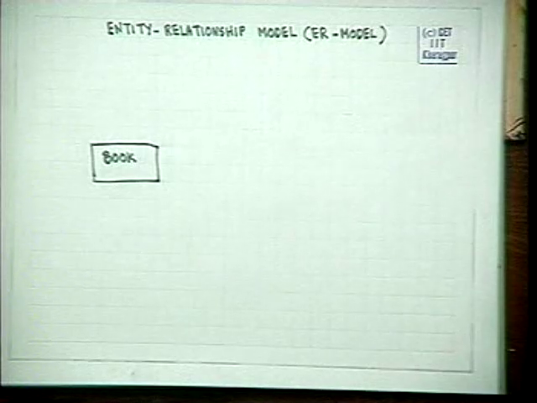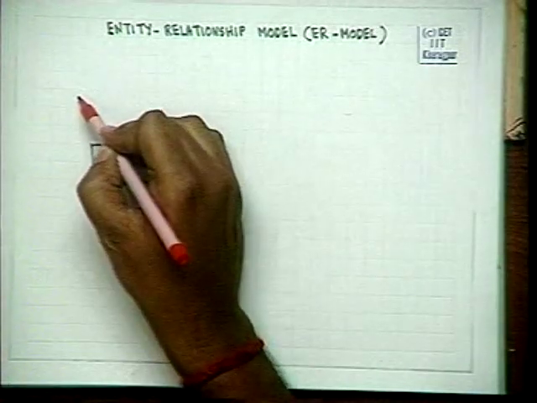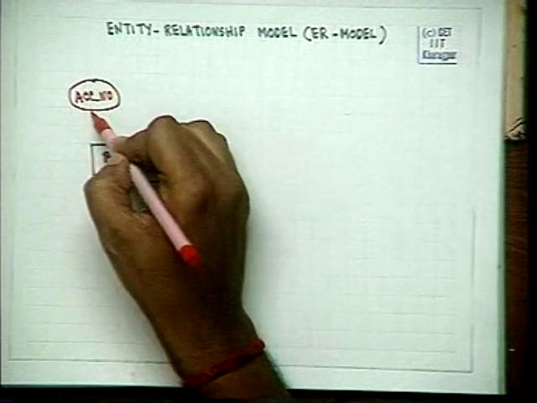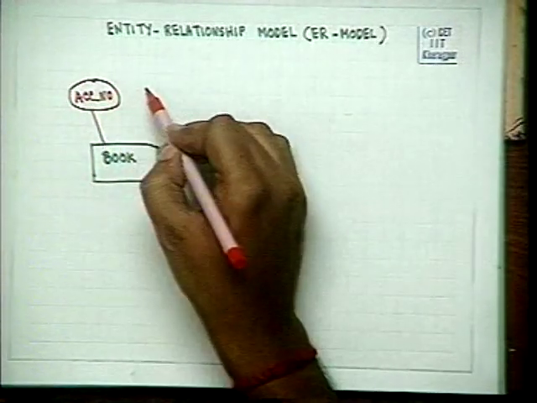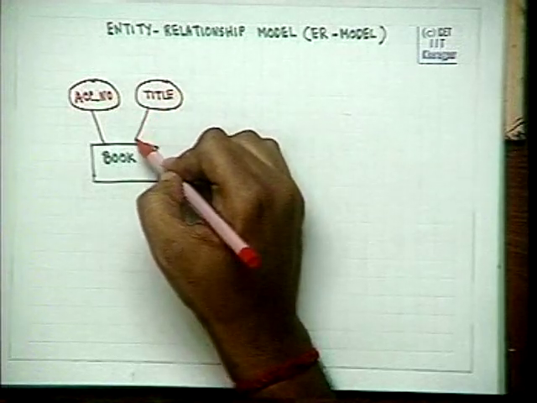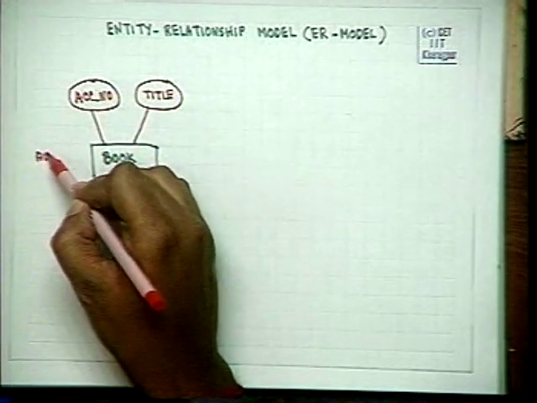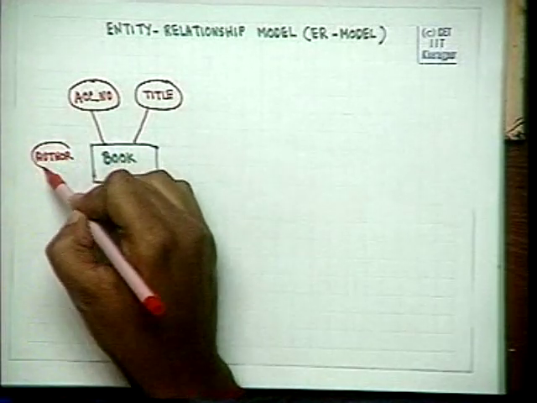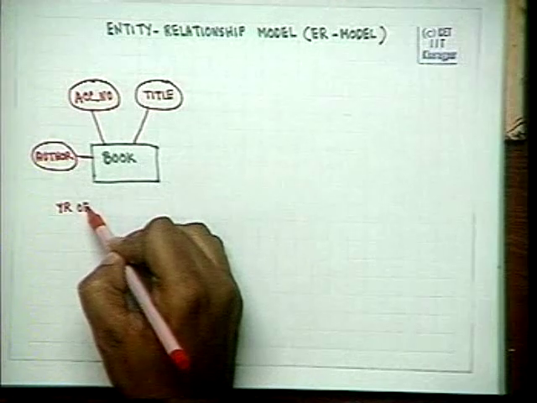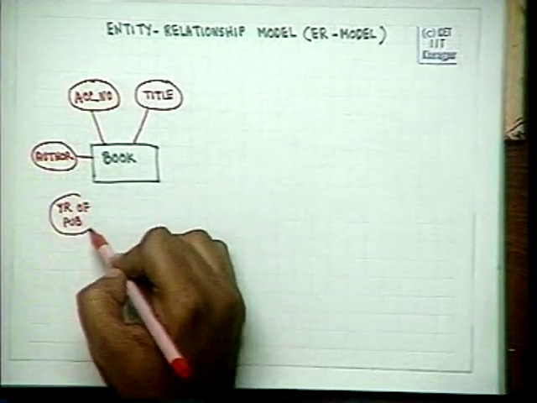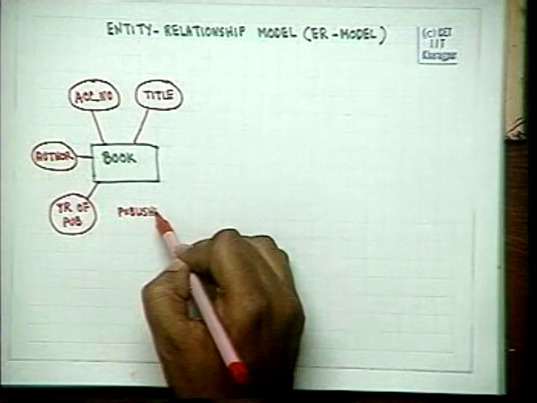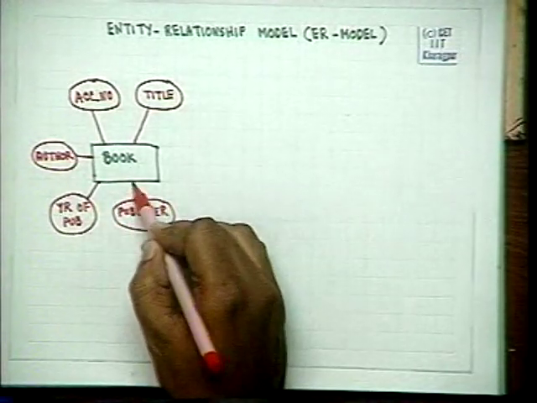For a book, we can have several attributes, and those who have seen a library know that for a book, one of the attributes is the accession number, another attribute is the title, a third attribute may be author, a fourth attribute may be year of publication, a fifth attribute may be publisher, and you may have several other attributes, price, etc. I am not writing all of them.